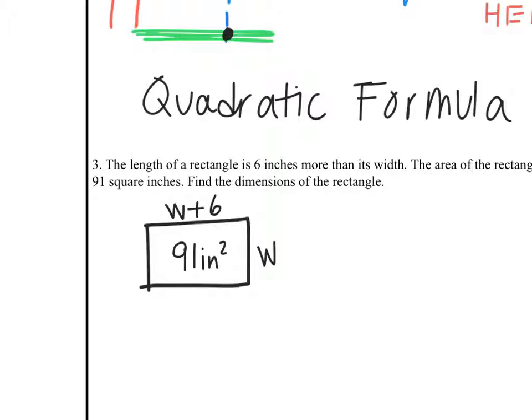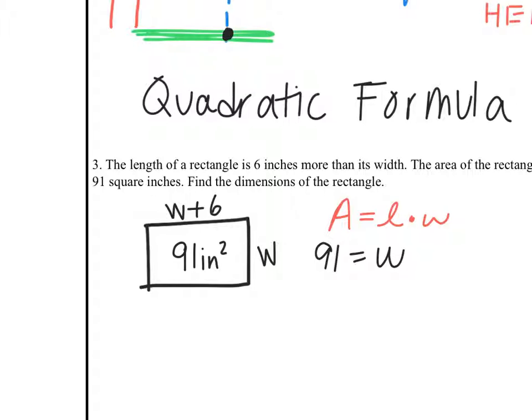This is called optimization. You're finding lengths and stuff. How do you find the area of a rectangle? Length times width. Your length is W plus 6. Your width is W. We've done something like this before. So the area is 91. And then you multiply your two lengths together.